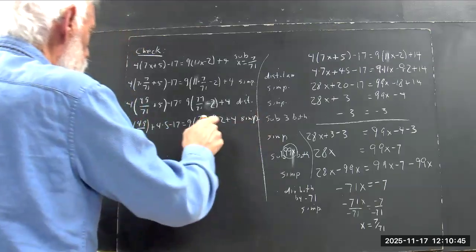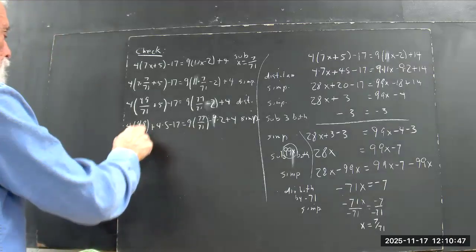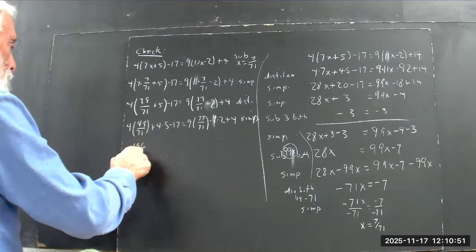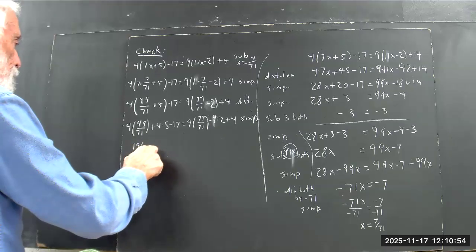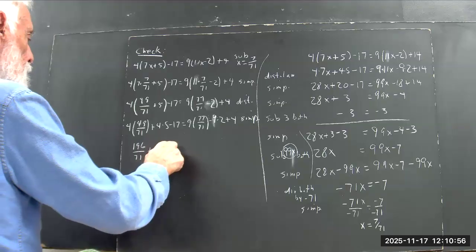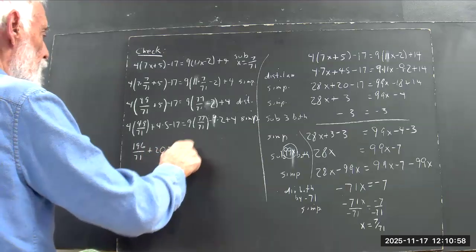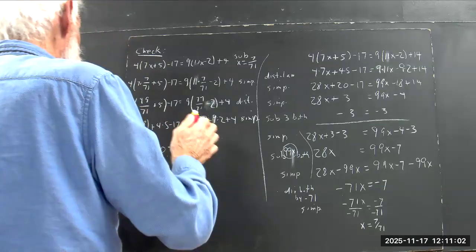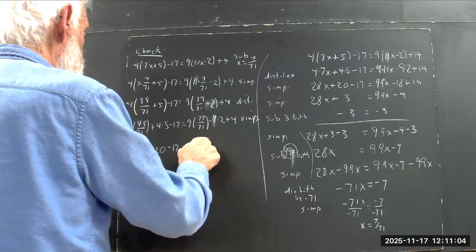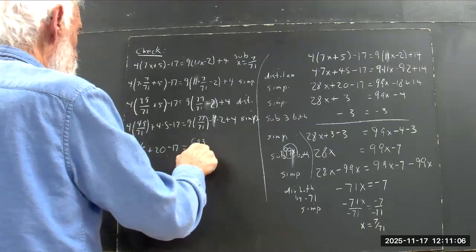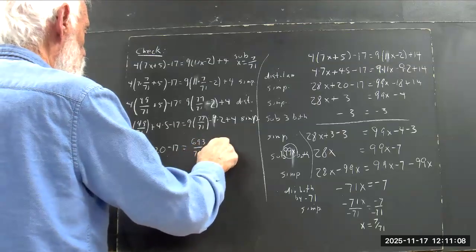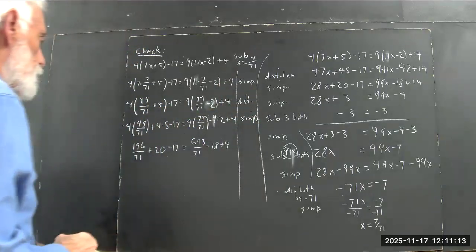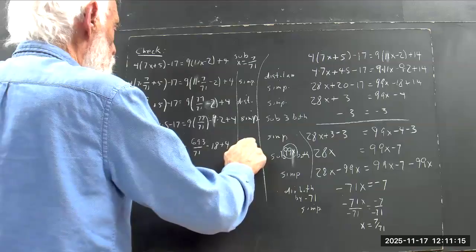And then we can simplify. 4 times 49 is 196. Nine times 77 is 770 minus 77, which is 693, I think, over 71 minus 18 plus 4. Simplify a little more.